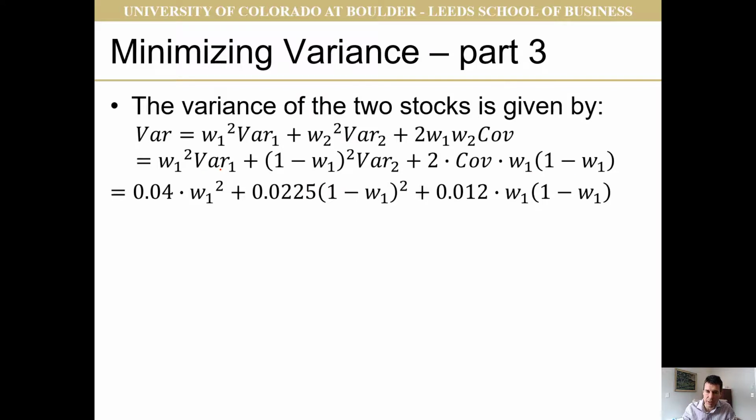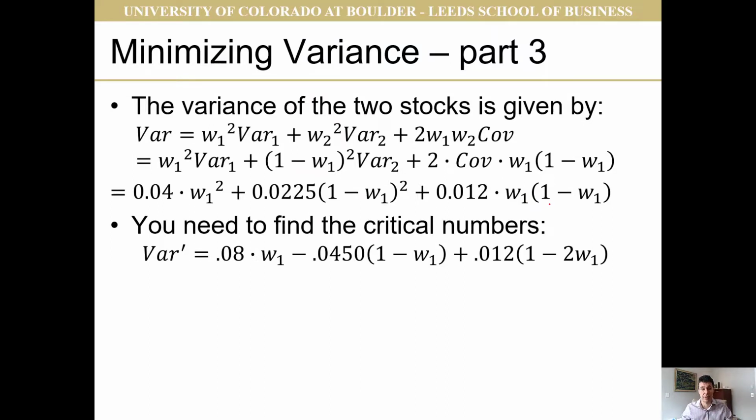We know the variance of the first stock, that's the standard deviation squared. We know the variance of the second stock, standard deviation squared. Covariance we just calculated, and so we can substitute in some numbers here: 0.04 W1 squared plus 0.0225 times (1 minus W1) squared, plus 0.012 times W1 times (1 minus W1).